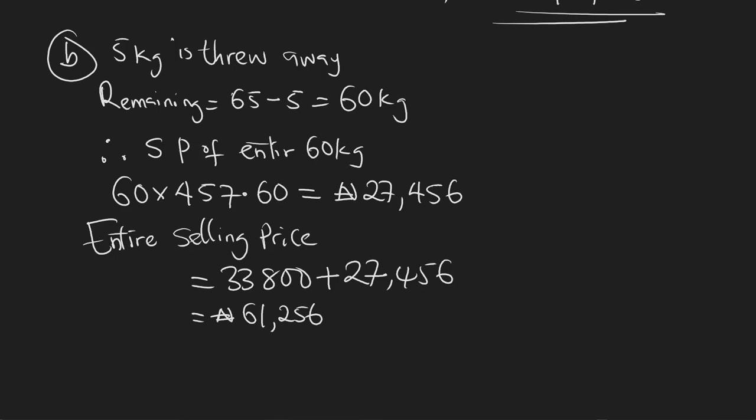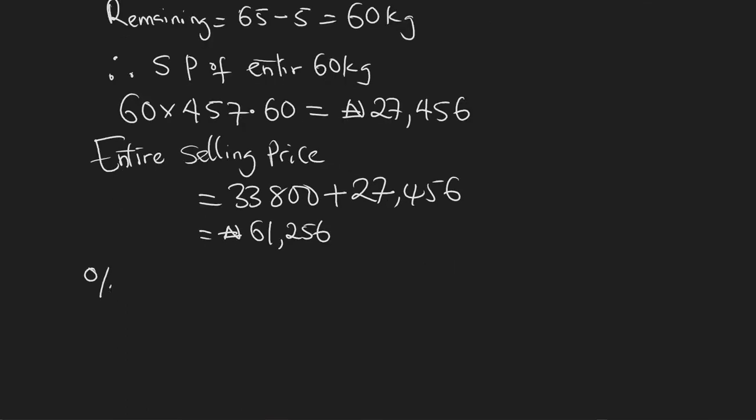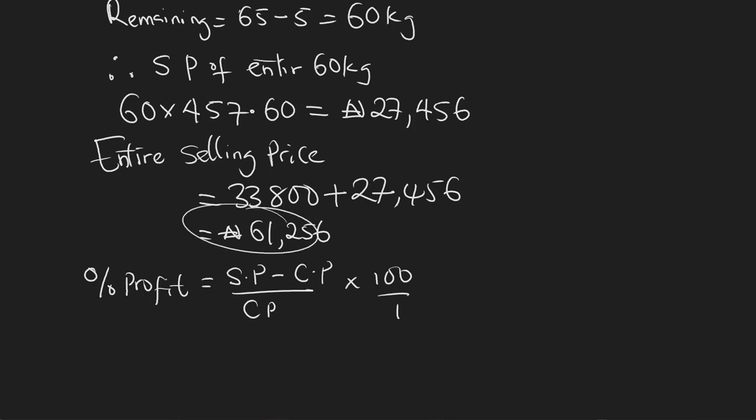But the question says we should find the percentage profit of the entire selling price. So we know that the percentage profit is equal to the selling price minus the cost price, over cost price, times 100 over 1. So what is our selling price? The entire selling price is this, right?